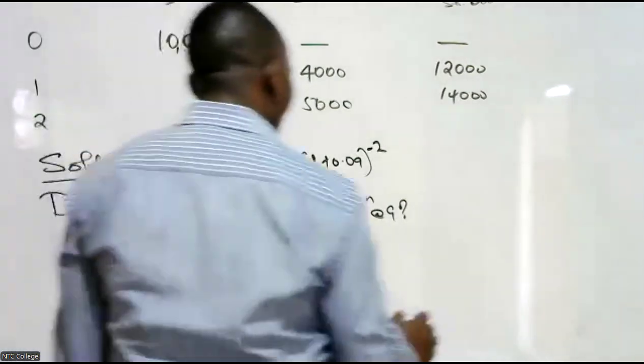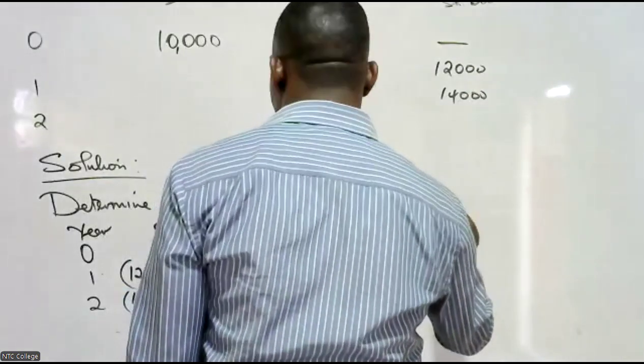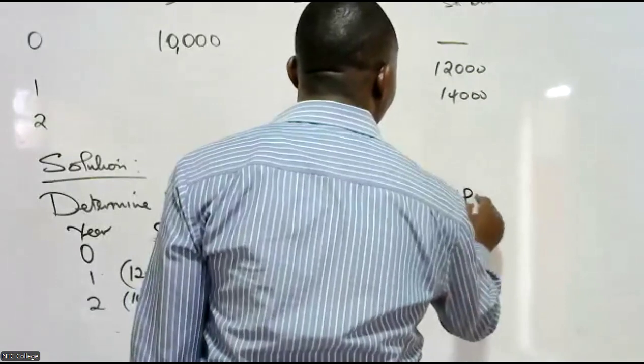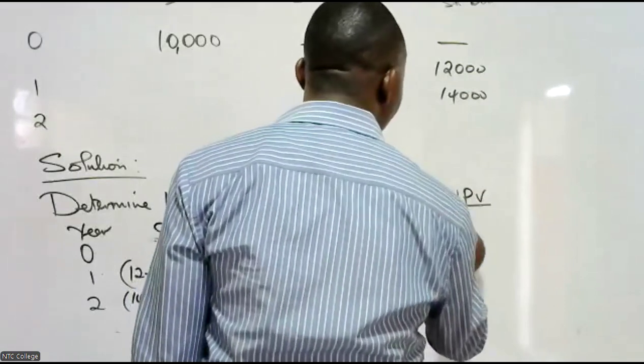Okay. So our NPV we can now get, or we can get the present value. So this one is negative 10,000.